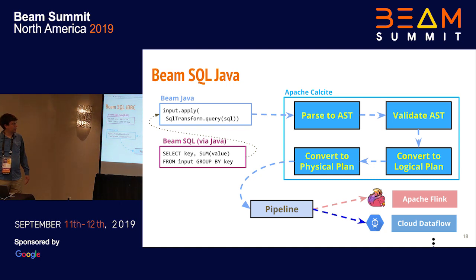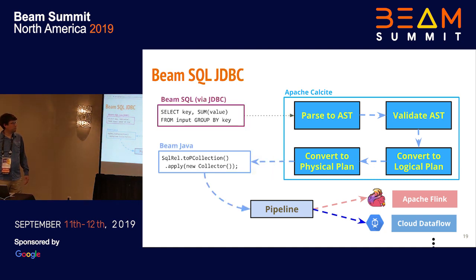So the JDBC path is pretty similar. The SQL actually goes straight into Calcite. Beam isn't even involved until pretty close to the end of this. Calcite spits out a physical plan that has our enumerable converter rule on the end, which converts your physical plan that's in the Beam type to the enumerable type in Calcite.